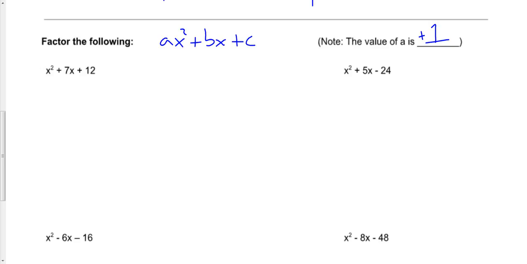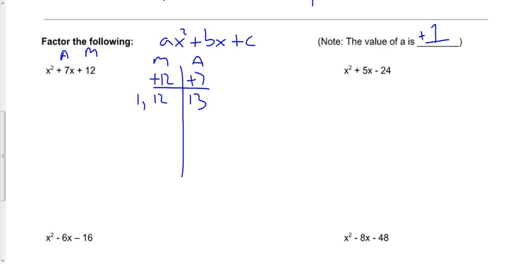Okay, and that's very important that it's positive 1, because that helps us to know that it's a simple trinomial to factor. So again, if we're going to use our MA chart, we need 2 numbers that multiply to positive 12 specifically. They're going to add to positive 7. So I'm just going to start going through the list. I know there are going to be 2 positive numbers or 2 negative numbers. So in this case, positive 1 times 12, well, that's 13.